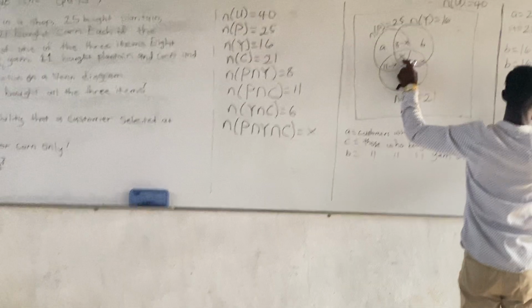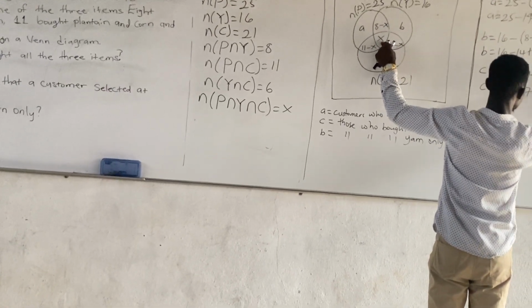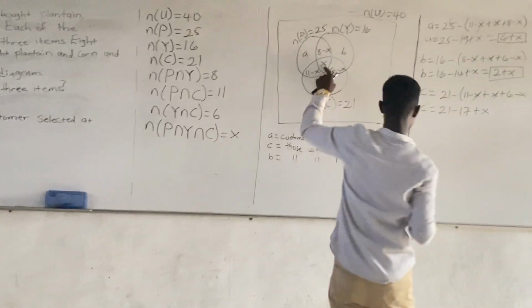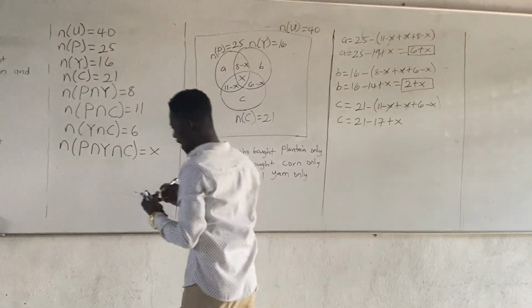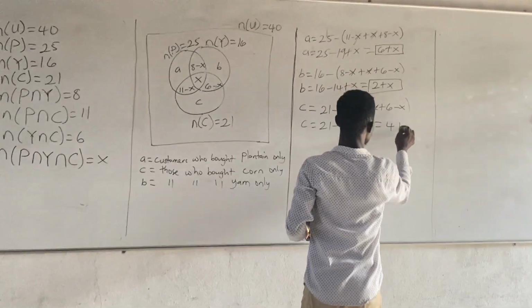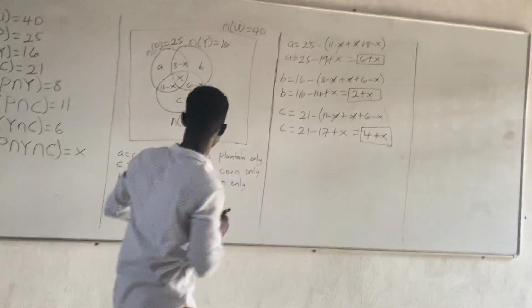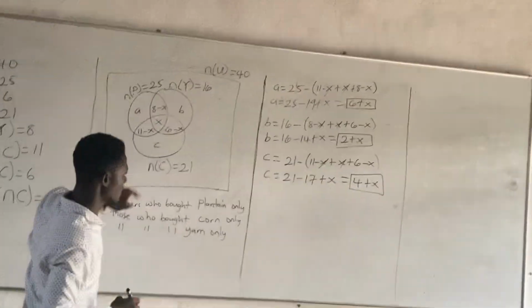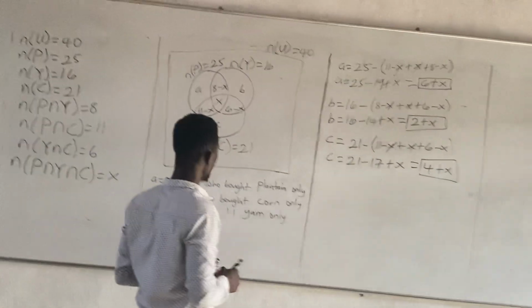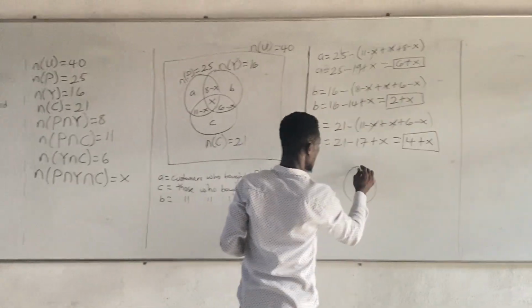It will be affected by this negative, so you have minus 17. Negative times negative, that will be positive. And then you have the x coming out. So you now have 21 minus 17. This will give you 4 plus x. So you can see now that all the regions will be in x. And then you can now draw another Venn diagram that will have all of the variables only being x.